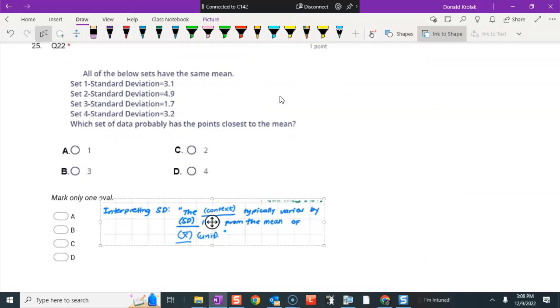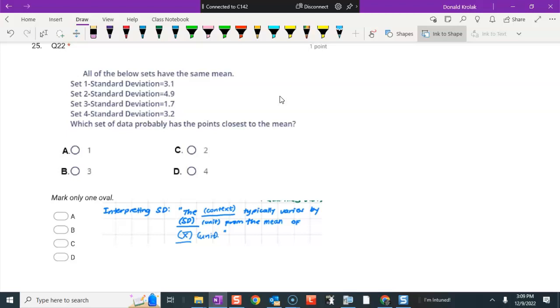Okay, all of the sets below have the same mean. Set 1 has a standard deviation of 3.1, set 2 is 4.9, set 3 is 1.7, and set 4 is 3.2. Which set probably has the most points closest to the mean? What standard deviation tells you is typically how far the data is from the mean.